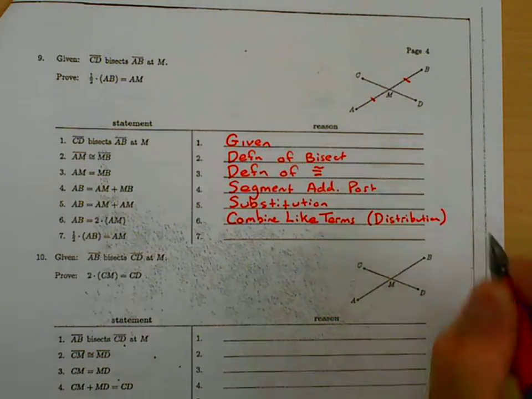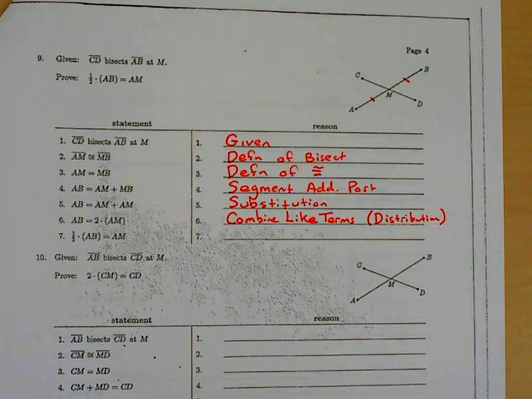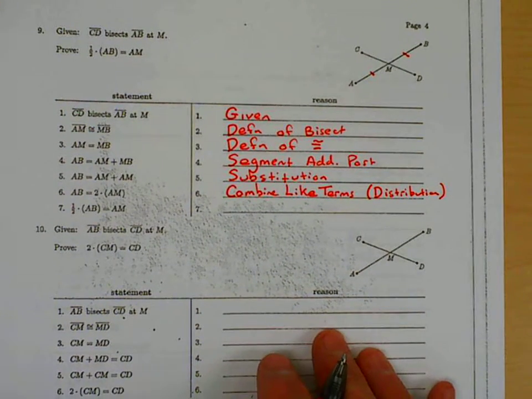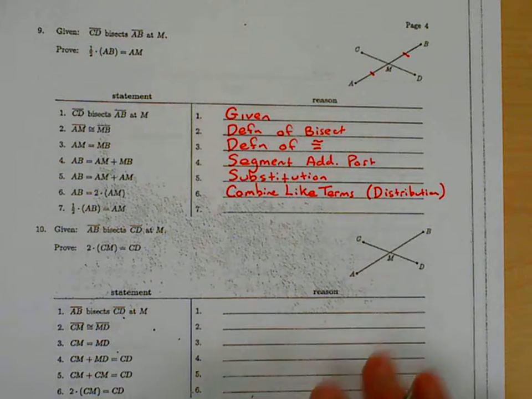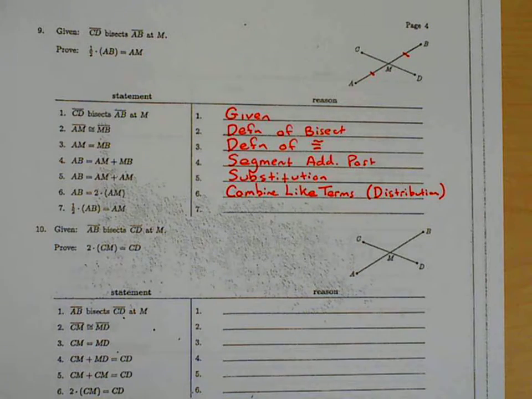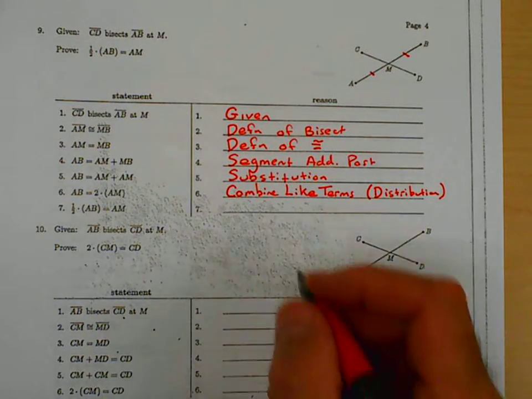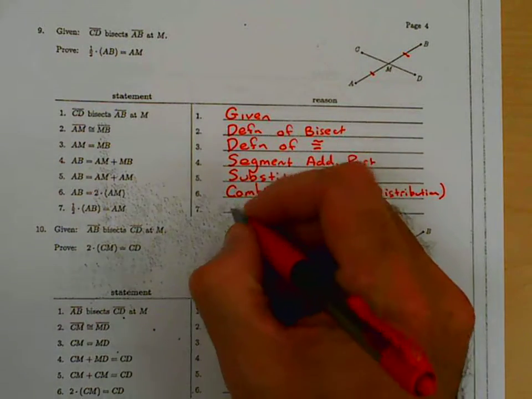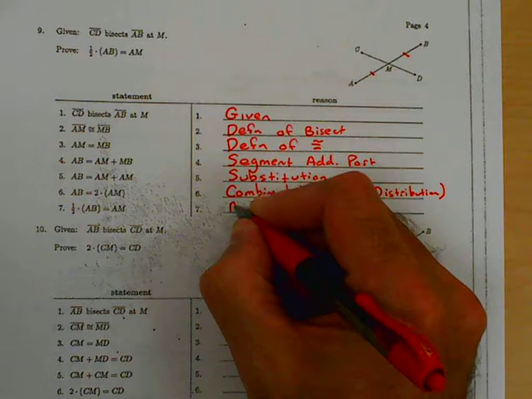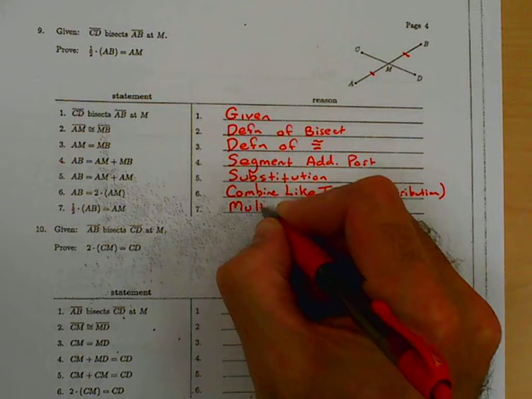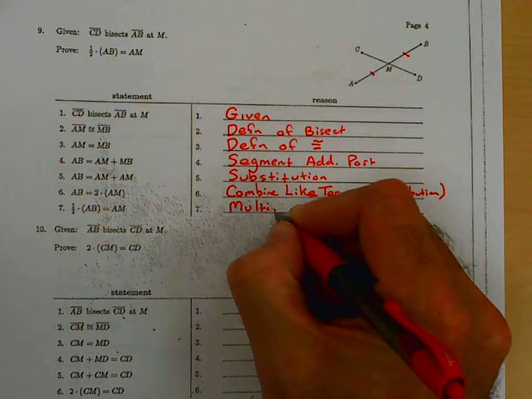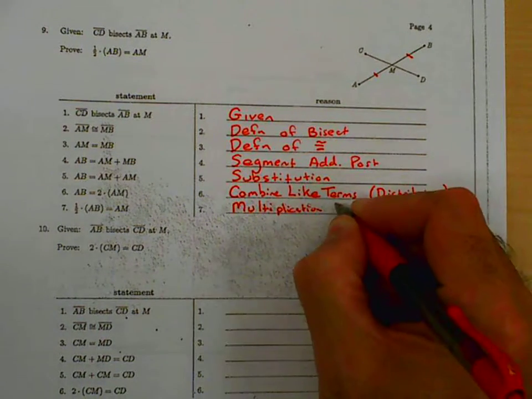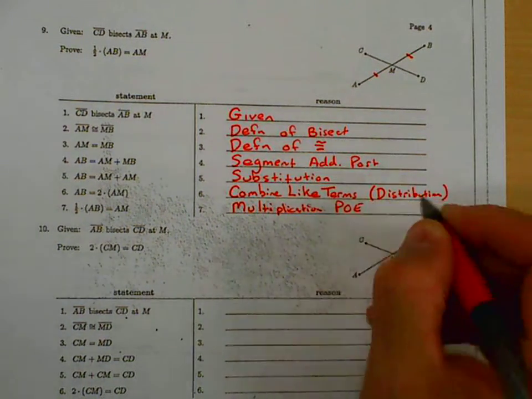If you really wanted to use a reason for it based off our reason list, I would say distribution. And once we have that, we go ahead and multiply both sides by 1/2, and we get exactly what we wanted. So we multiply both sides by the same thing, multiplication property of equality. And we're done.